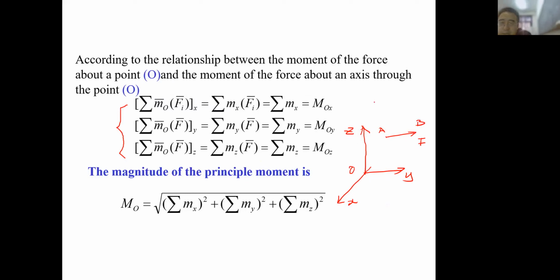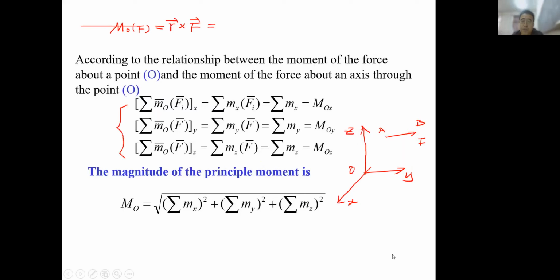The length AB will denote the absolute value of F, right? So when we talk about the moment of force F about a point O, we can write M_O(F), right? It should equal R cross F, right?